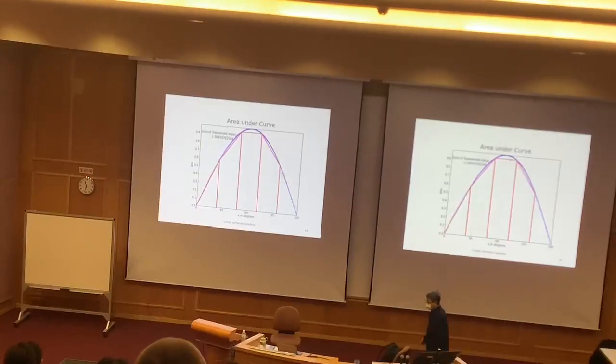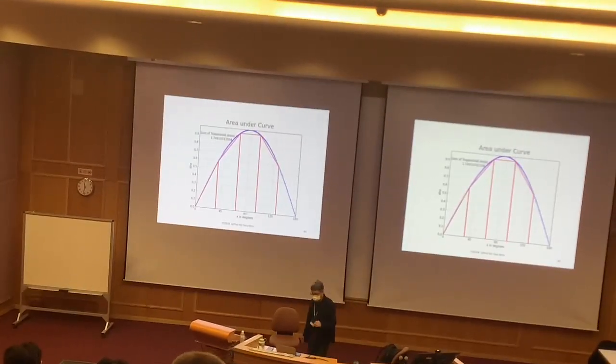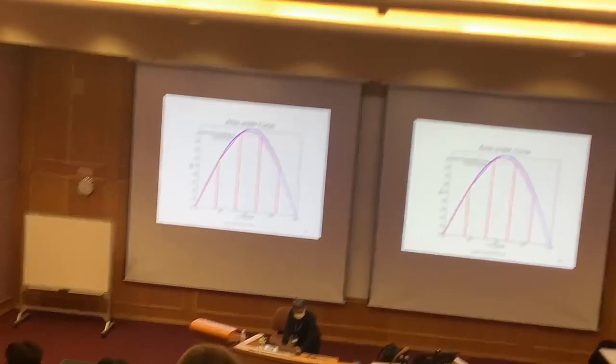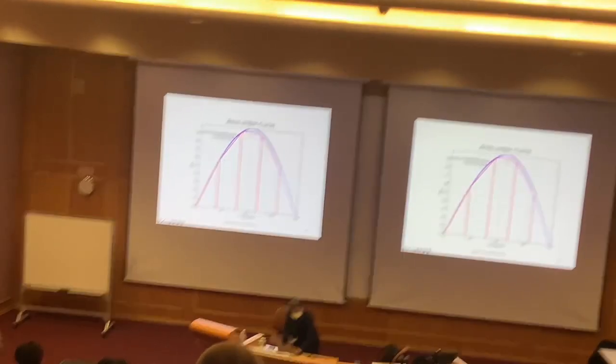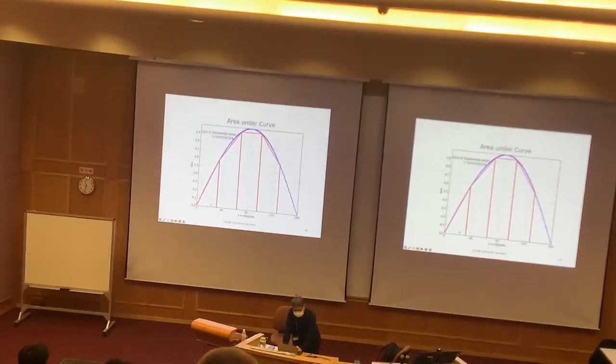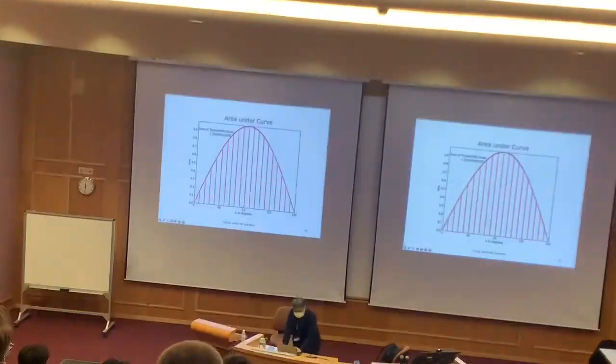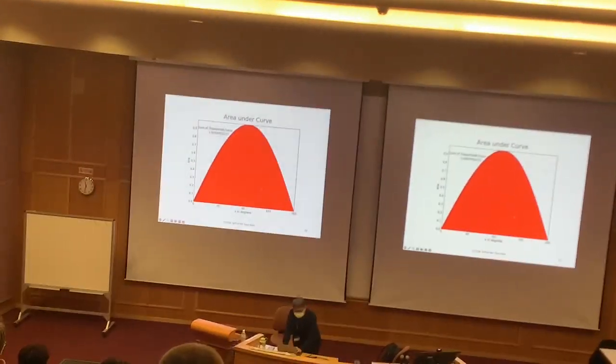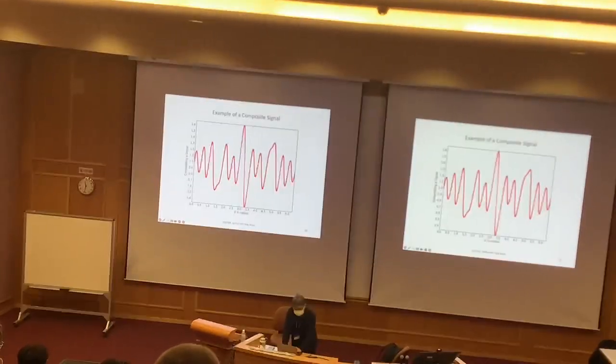Let's do the area under the curve. If you integrate this curve, the area under the curve is the integration. So you draw trapeziums, and the more trapeziums, the finer the trapezium, the more accurate is the answer.